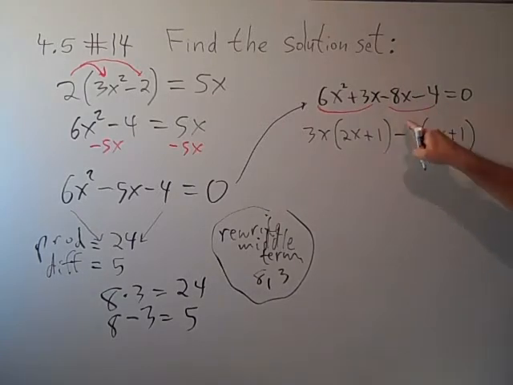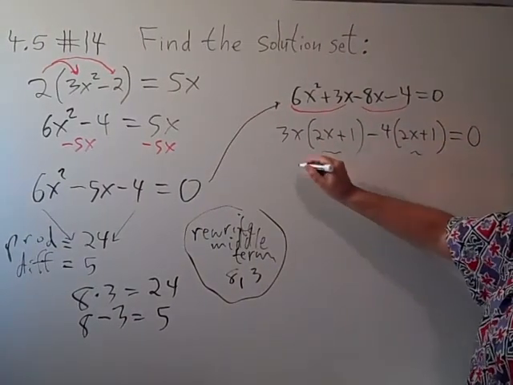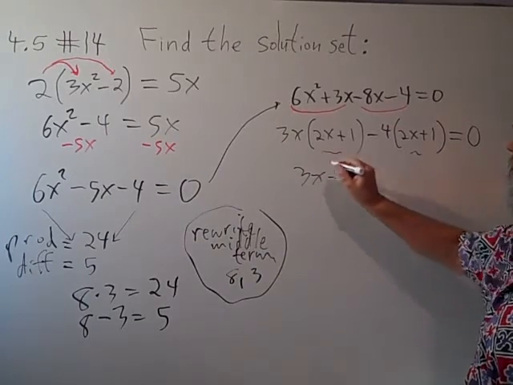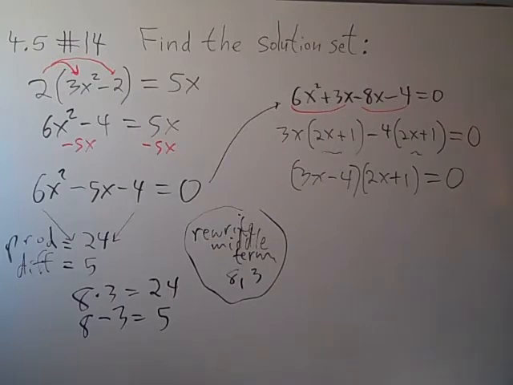Negative 4 times 2x is negative 8x, negative 4 times 1 is negative 4. So this is equal to 0. And now we can factor out this common factor of 2x plus 1. So we have 3x minus 4 times 2x plus 1 equals 0.